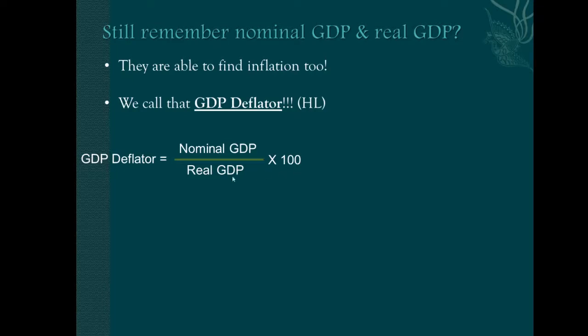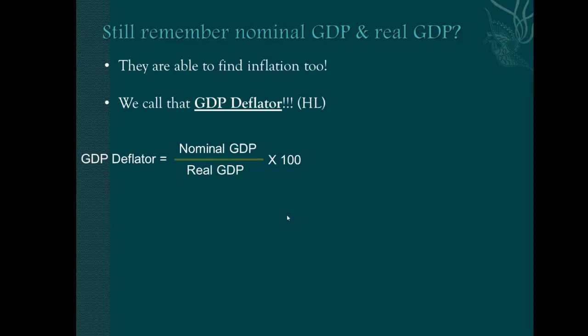You can say it is kind of like an index, but the concept is quite similar. By using this formula, we can see how much changes from the real GDP to the nominal GDP.